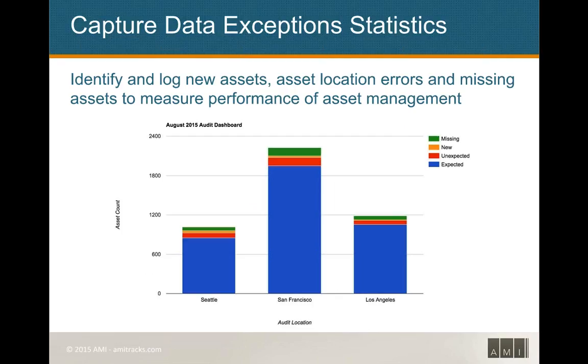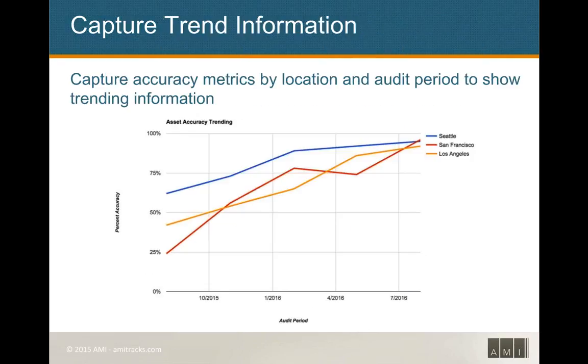Now, we want to store that information in historical database tables so that we can show trend reports over time. When we did the August 2015 audit, we found that Seattle was at 50%, 60% accuracy. San Francisco was way down at 25. Los Angeles was way down at so forth.